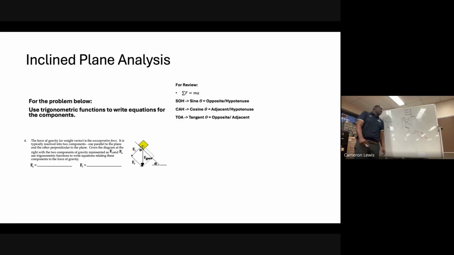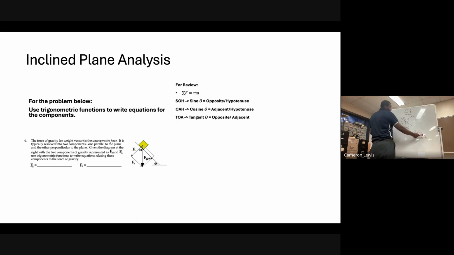Would it always be the force of gravity that's the hypotenuse? Yes, it's always going to be down. So in this scenario, when we're using these, it's always going to be gravity.